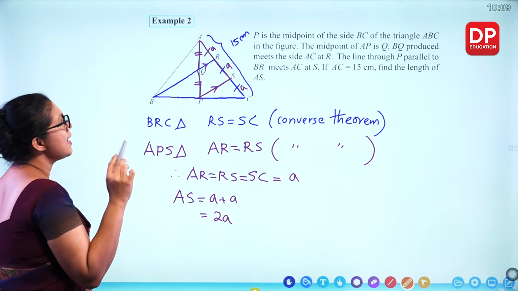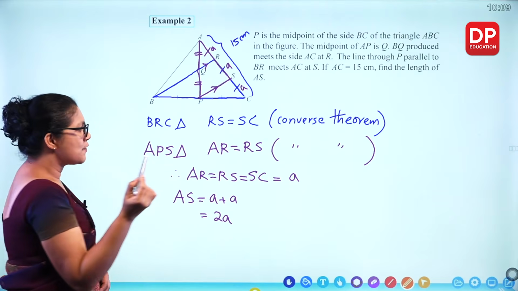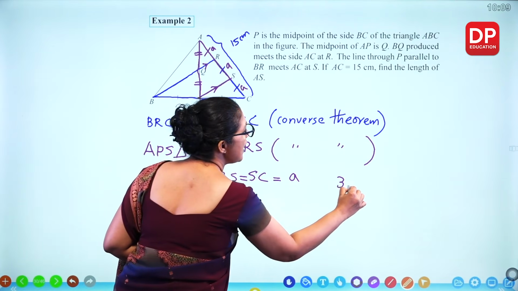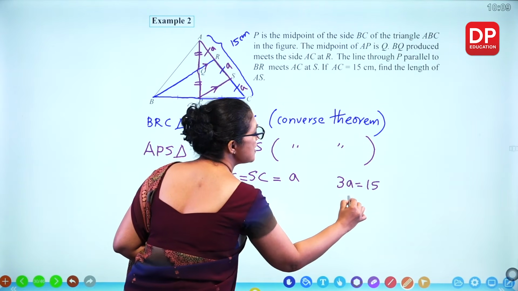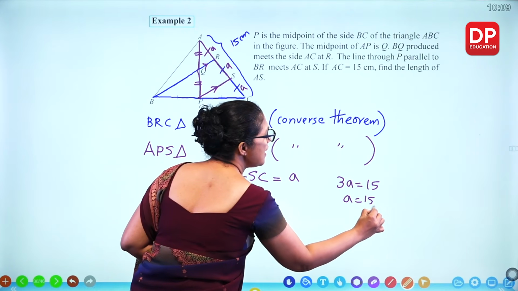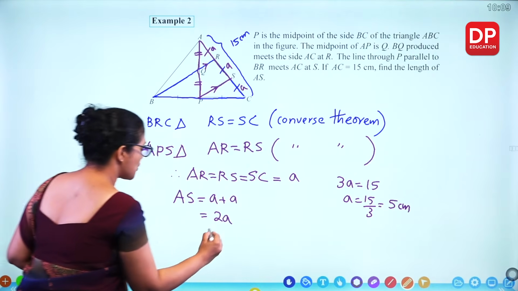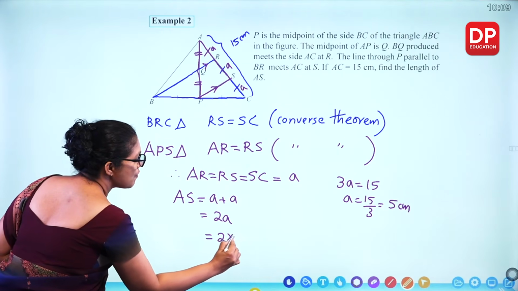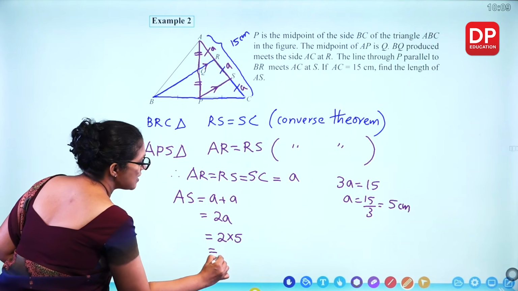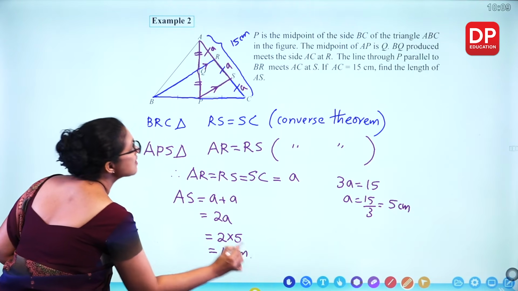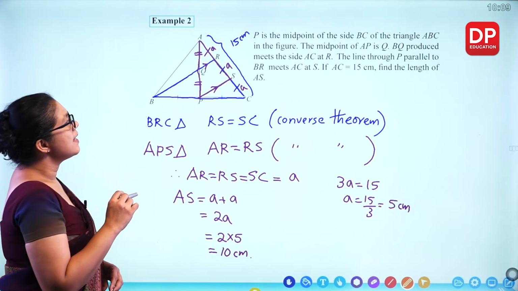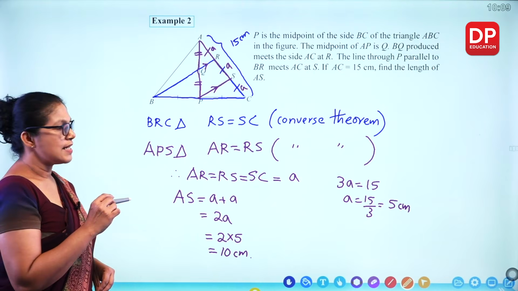Now what is A? 3A equals 15. So 15 divided by 3, you get 5 centimeters. Substituting, 2 times 5 centimeters is 10 centimeters. So the length of AS is 10 centimeters.